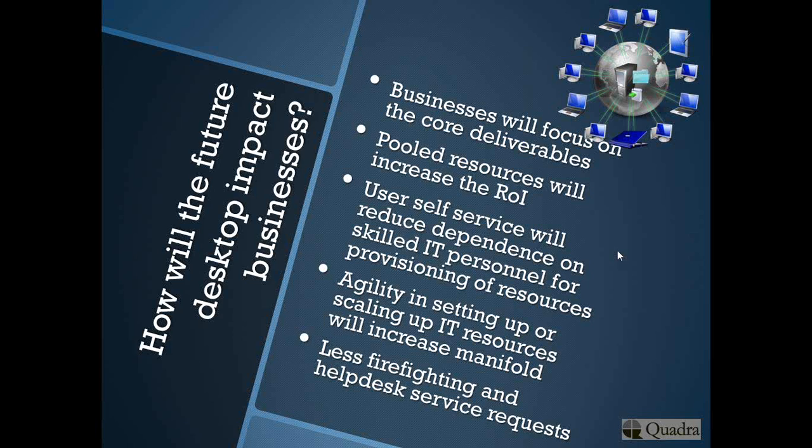What the project manager has to do is just connect to the cloud and provision for himself so many desktops.